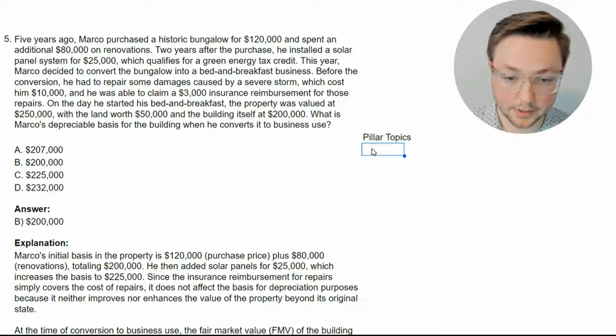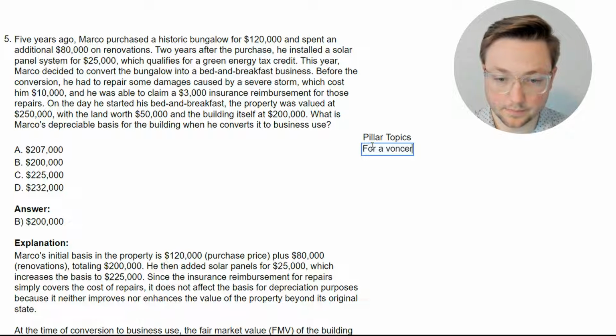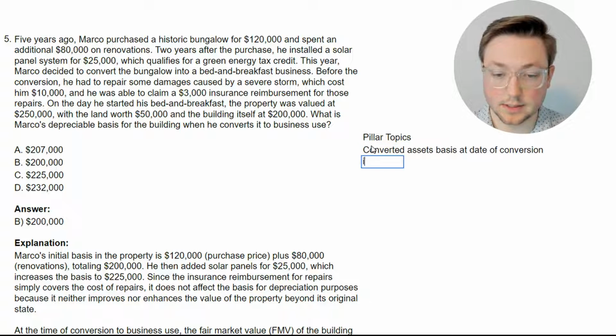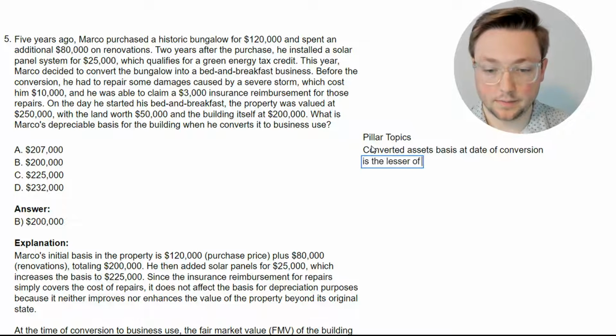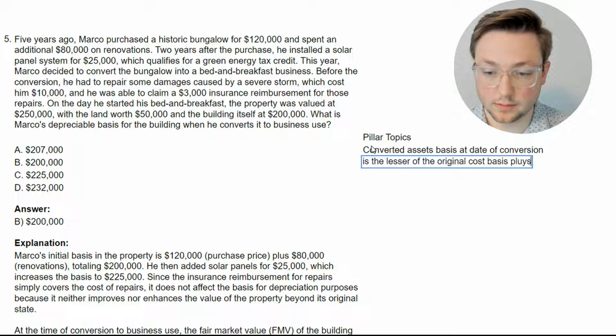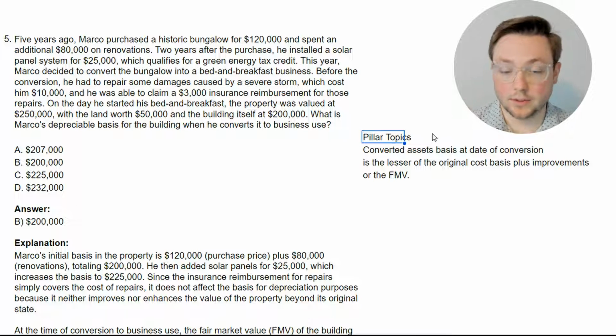So the first pillar topic I would say is for converted assets, basis at date of conversion is the lesser of the original cost basis plus improvements or the FMV. Okay, so that's one thing we learned right there. We learned that was like the main thing.